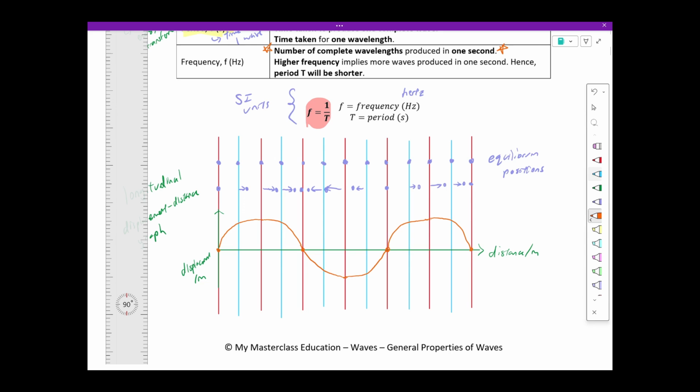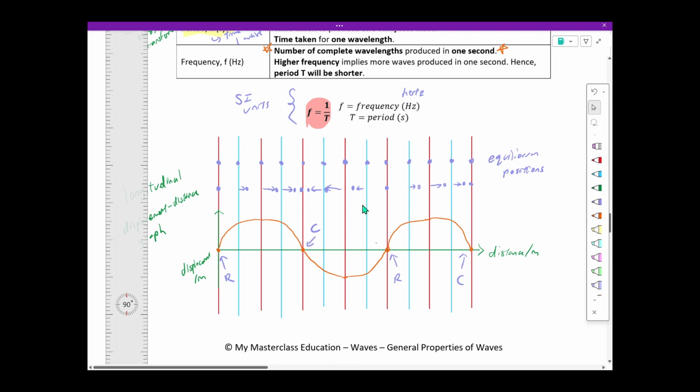However, I want you to take note that this point is the maximum. So you can see your maximum displacement is actually not at what we call a compression. This is what you call a compression. This is what we call a rarefaction. This is a compression, and this is a rarefaction. Now, compression, normally when you say, for example, this is a sound wave and this is air, right?